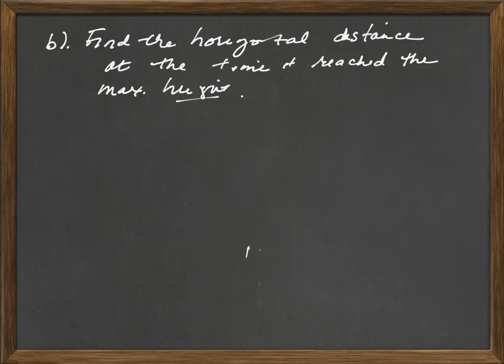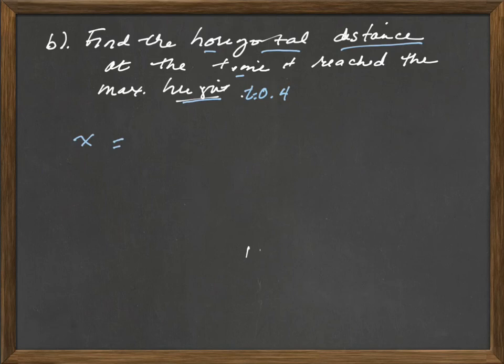So for part B, it's just asking you to find the horizontal distance, which is our x equation, at the time it reached the maximum height. And we already know, we figured that out from part A, that the time was equal to 0.4 when it reached the maximum height. So let's put that into our x equation.